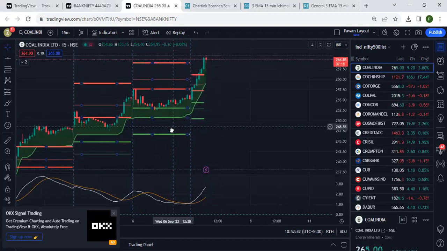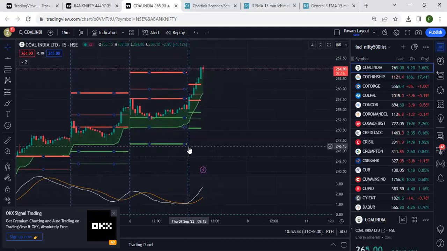See, at around 9:15 a.m., the stock has given the MACD crossed above the signal line at around 9:50 a.m., and the stock is already moving above the SuperTrend.